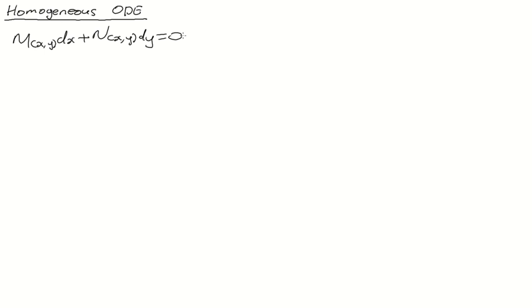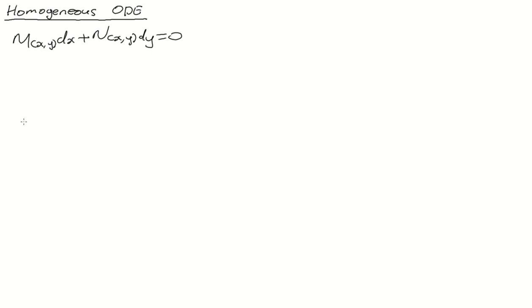So with the exact differential, what we have with these two functions here, we looked at these ones as being partial derivatives of some f of x, y function. So M being a partial derivative with respect to x, and N being a partial derivative with respect to y.